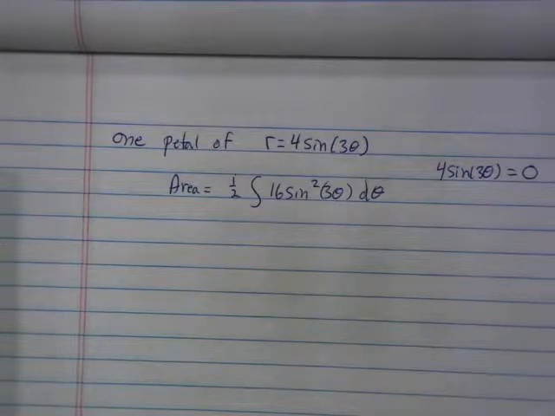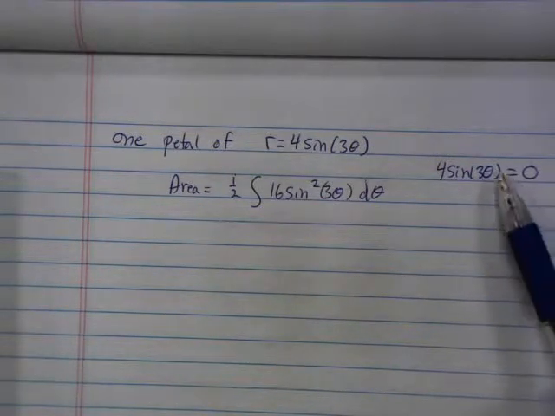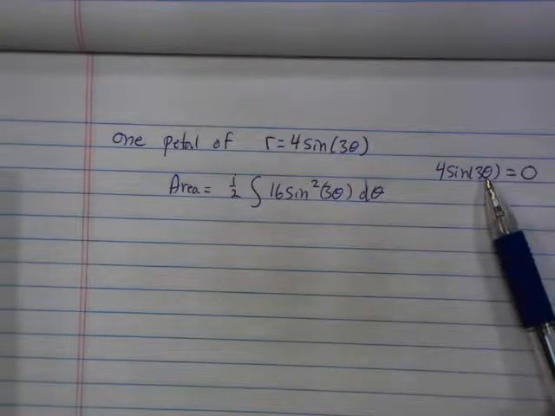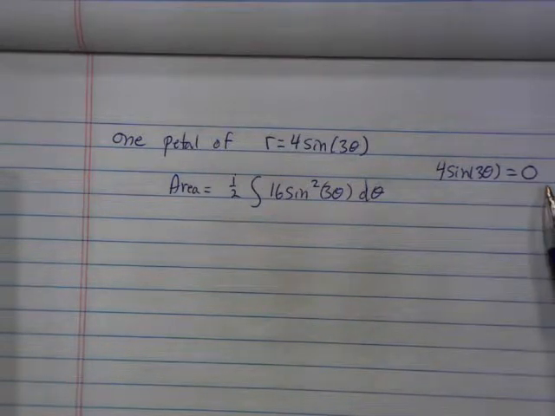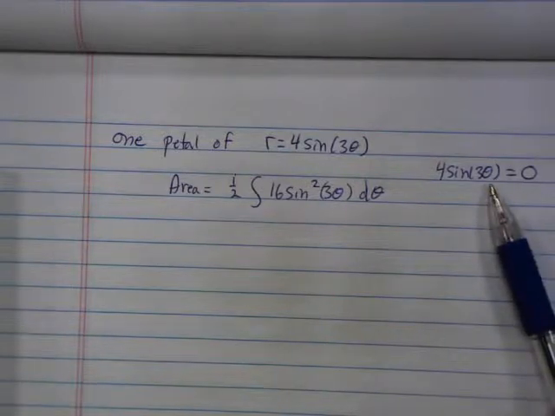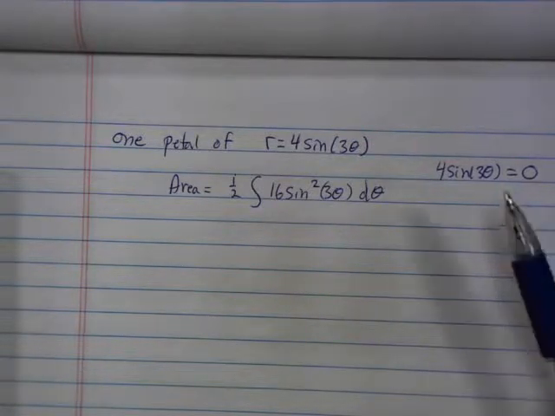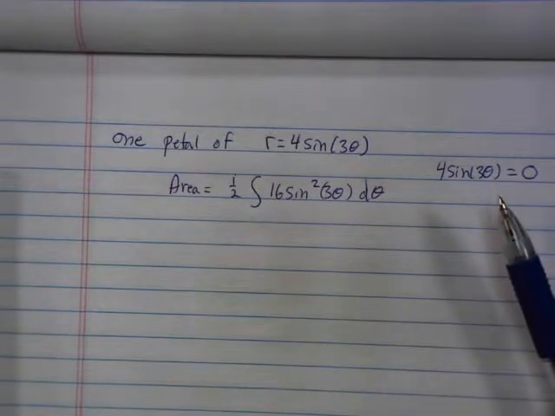So what values of theta can I plug in to make 4 sine of 3 theta equal to 0? Well, I can certainly plug in 0. What else? Pi over 3 would work. Why pi over 3? That would result in pi.